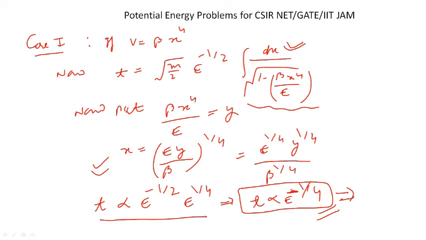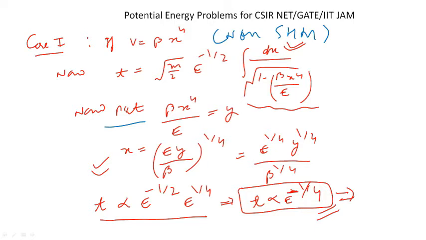Here your potential energy is equal to beta x to the power 4 and it is a known simple harmonic case. Beta is here a constant, so when we put the value of V as beta x to the power 4, then your t comes out to be root of m/2 E to the power minus 1/2 integral dx upon root of 1 minus beta x to the power 4 upon E. Now let us put beta x to the power 4 upon E equal to y.